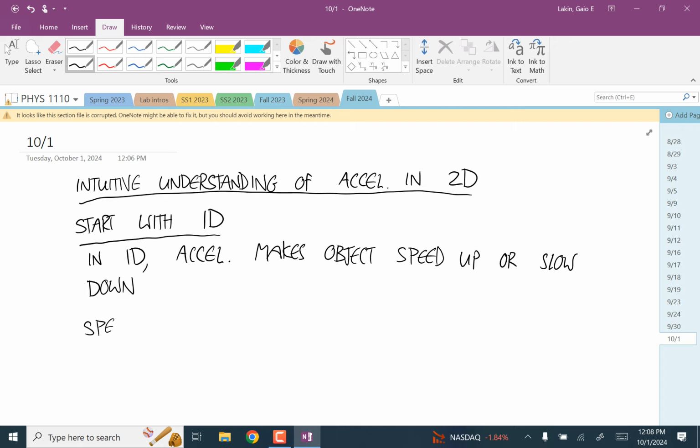If the object is speeding up, then the velocity and the acceleration have to be in the same direction.